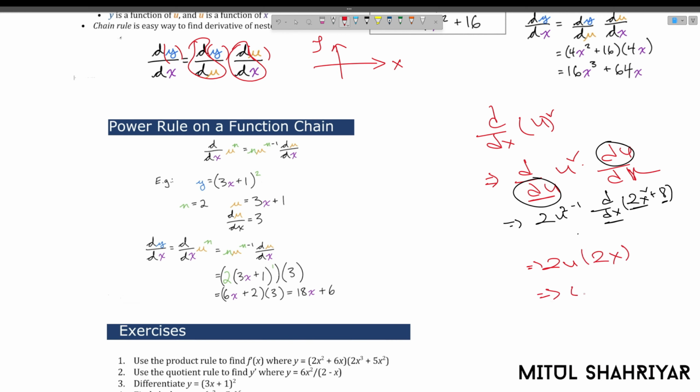So what is the value of u? We have 2x squared plus 8 into obviously x, so it should be 4 into 2x cubed plus 8x, right? So it is 8x cubed, okay, 32x.